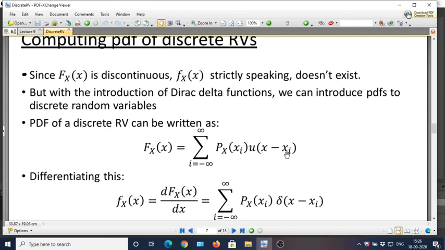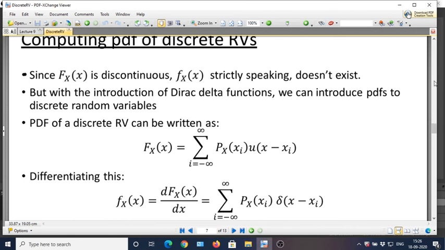For each such unit step function, we give a weightage equal to the probability mass function evaluated at x_i, and if you add all those unit step functions, we end up getting the staircase function F_X of x.